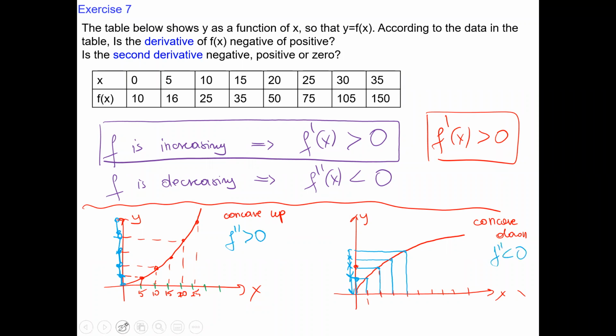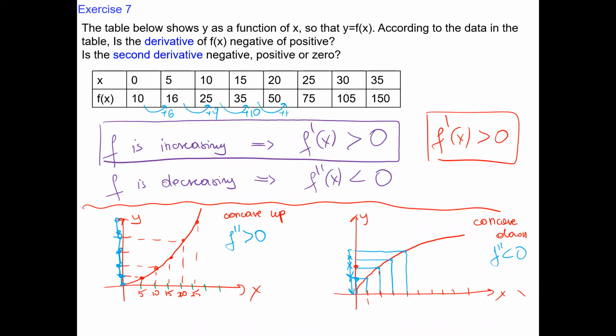Let's look at the size of the increases, because we have the values. This is an increase of 6 units. How many units do we have between 16 and 25? 9. Between 25 and 35, 10.